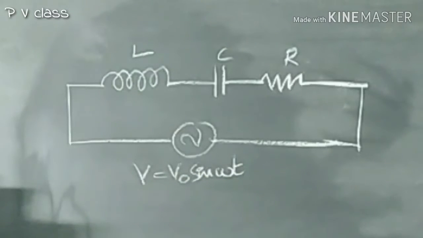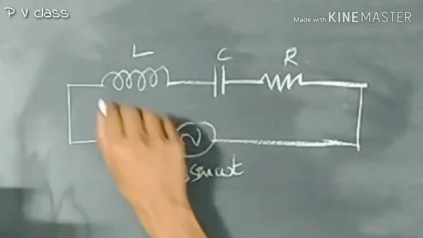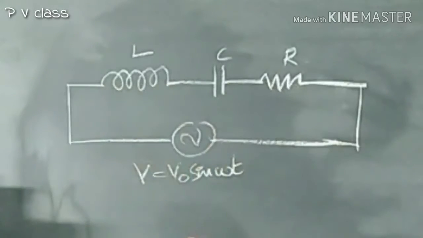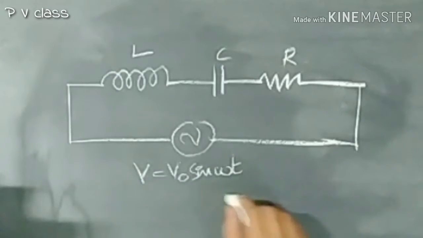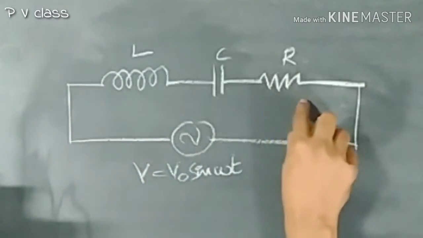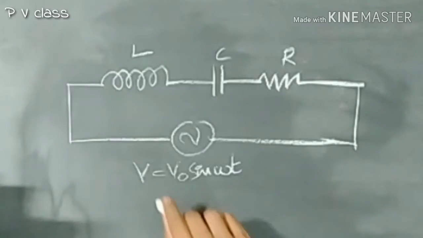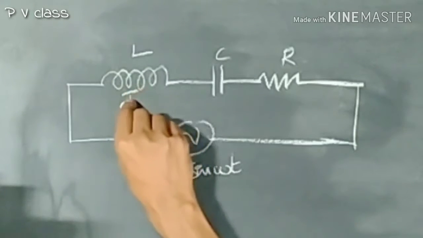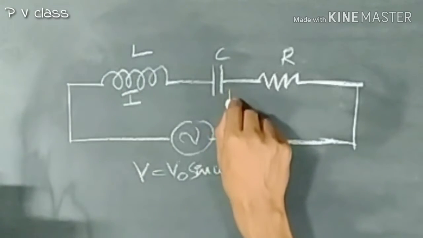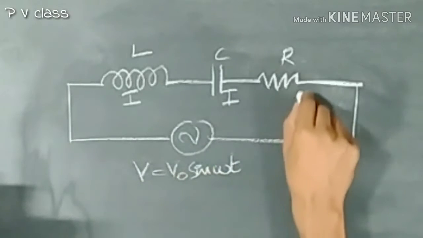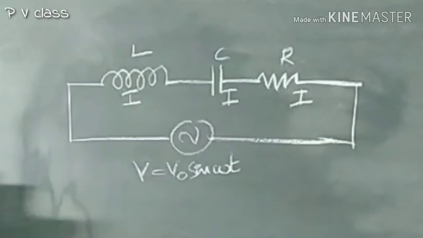This is the alternating voltage, and since this is series combination, the current flowing through all the components will be same. That is, inductor will have a current I, capacitor will also have a current I, resistor also will have same current.